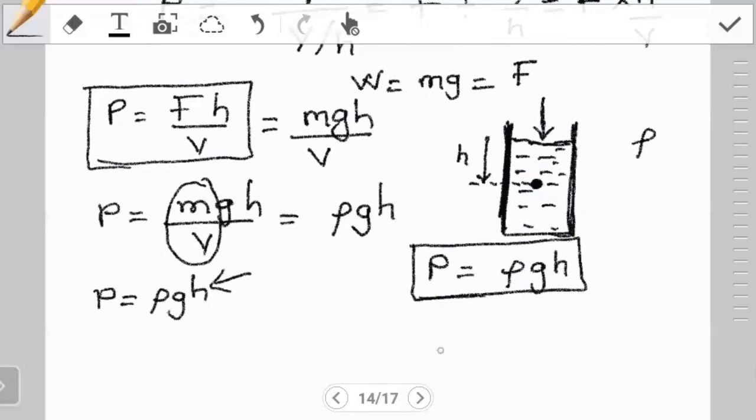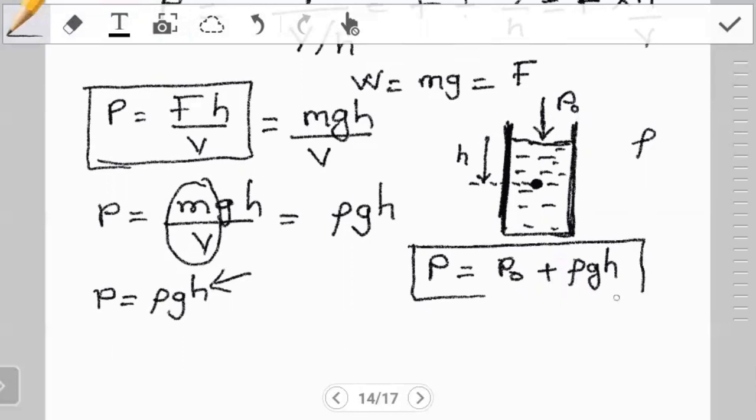So in the end, the pressure we get at this particular point will not only be this part, but instead it will be the atmospheric pressure P naught plus the pressure due to the fluid, rho g h, where rho is just the density of that particular fluid. So this is basically what you have.